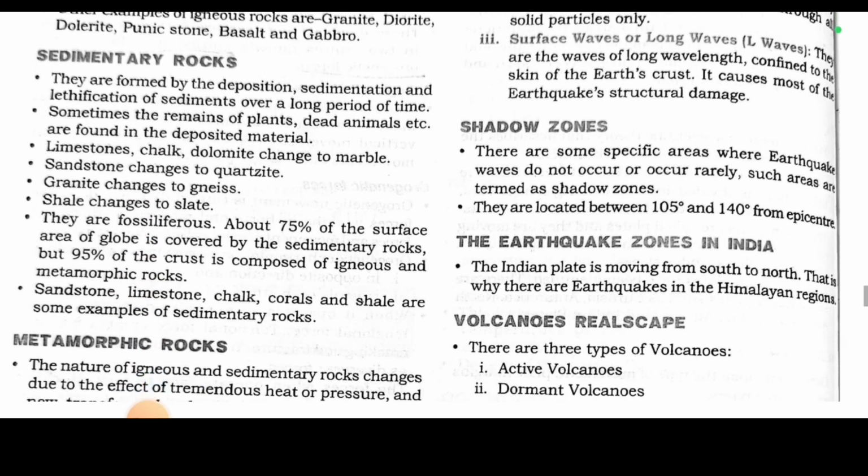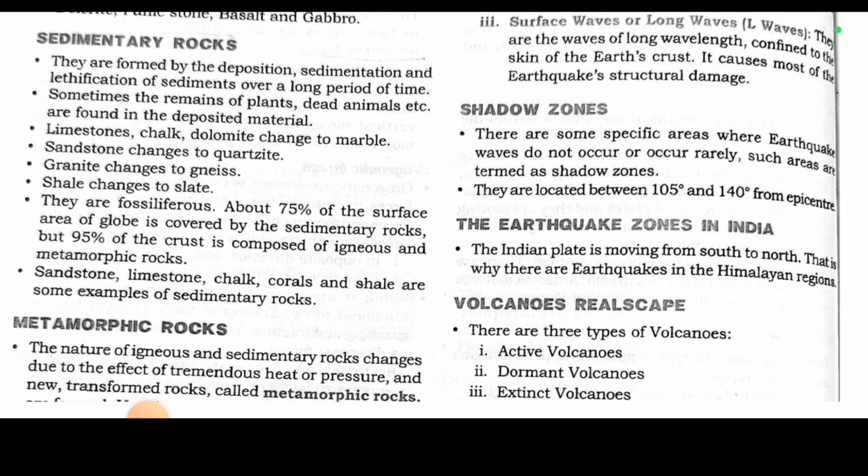Sedimentary rocks are formed by deposition, sedimentation, and lithification of sediments over a long period of time. Sometimes the remains of plants, dead animals, etc. are found in the deposited material.